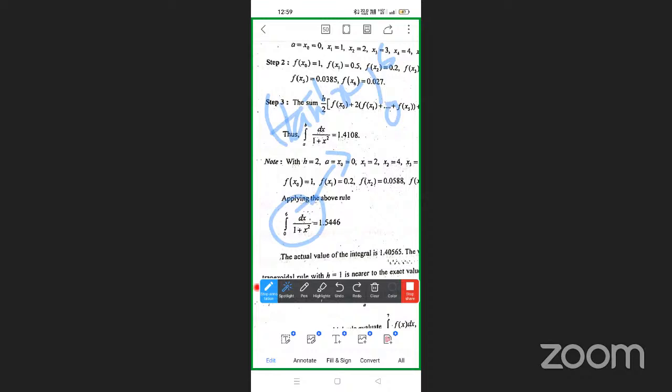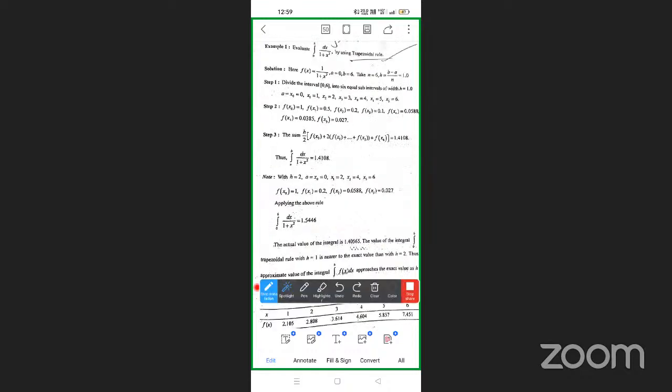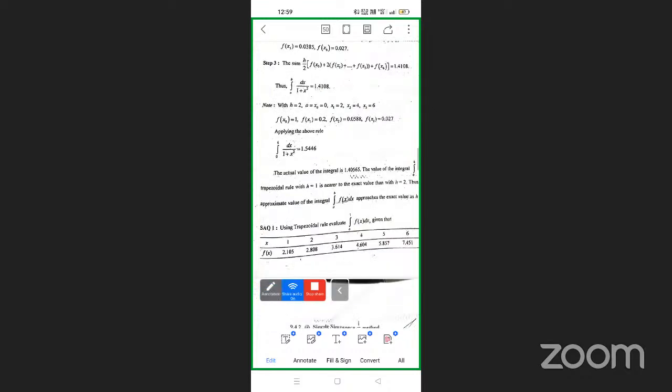In the trapezoidal rule, we take step length h. Sometimes the question asks for direct integration and to compare it with the trapezoidal rule.